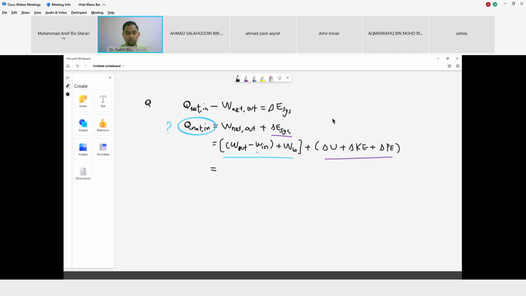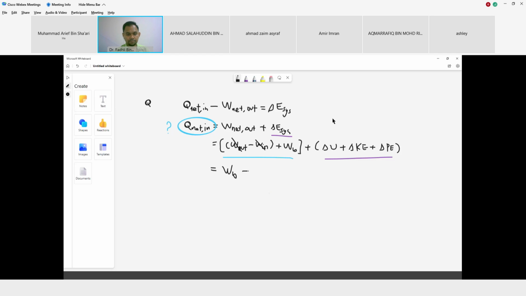No, we don't have any W out from the system, so we can cancel W out. And then W in, this W in is work done on the system. Ketika sistem tu beroperasi. So this W in is not related. But we have only W B yang kita dapat tadi. Yang negatif tadi. Okay. So this is the remaining property.